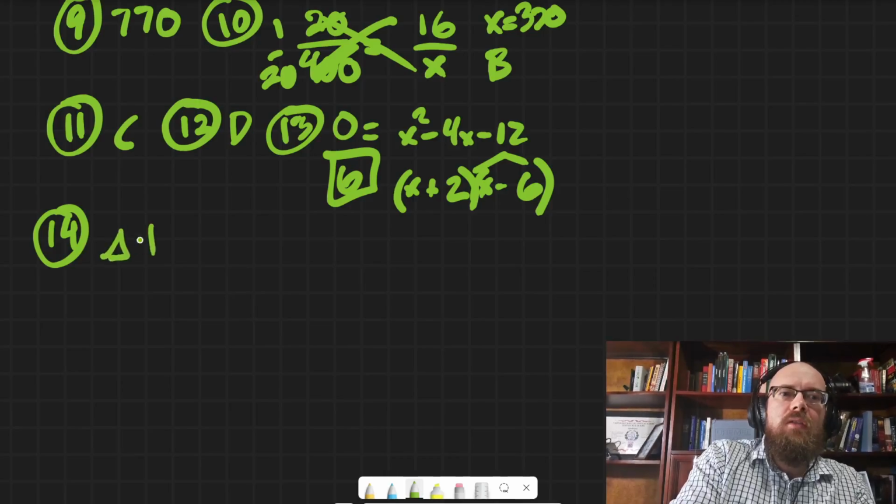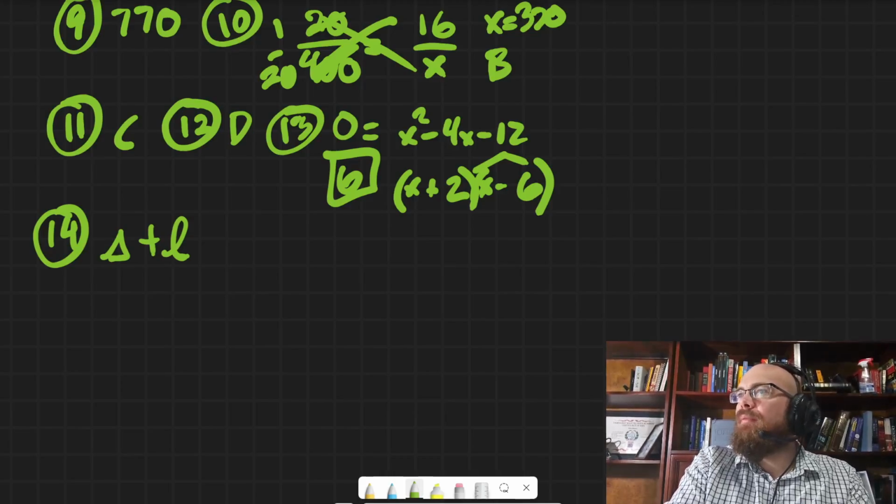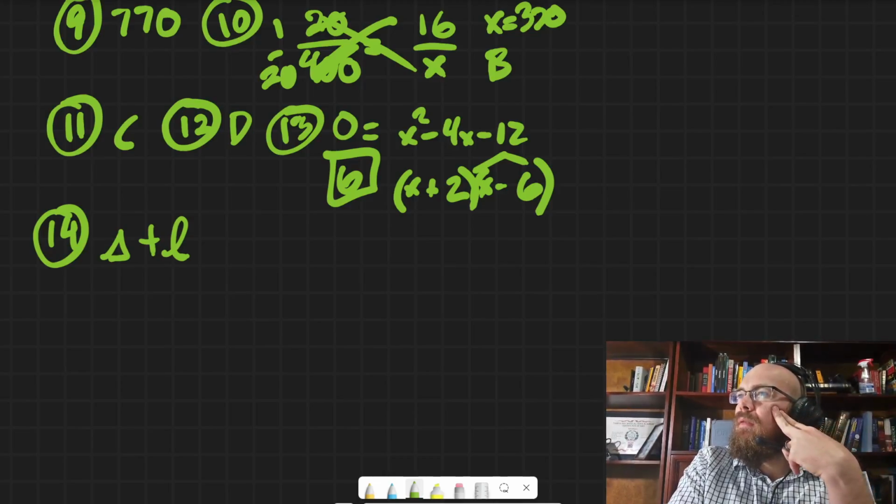So small plus large. If you just add up the sales of the small and the large, then that would equal... Oh, they already gave you the equation. Okay, hold on. So x is the number of small containers, and y is the number of large containers. What is the price in dollars of each smaller container?